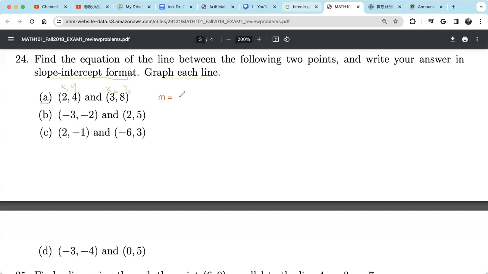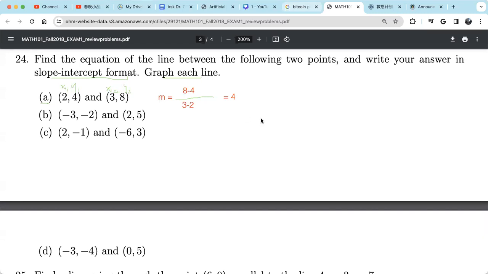So the slope is y2 minus y1, in this case, 8 minus 4, divided by x2 minus x1, which is 3 minus 2. So 3 minus 2 is just 1. Anything divided by 1 is still itself. So 8 minus 4 is 4. 4 divided by 1 is just 4. So the slope is 4.